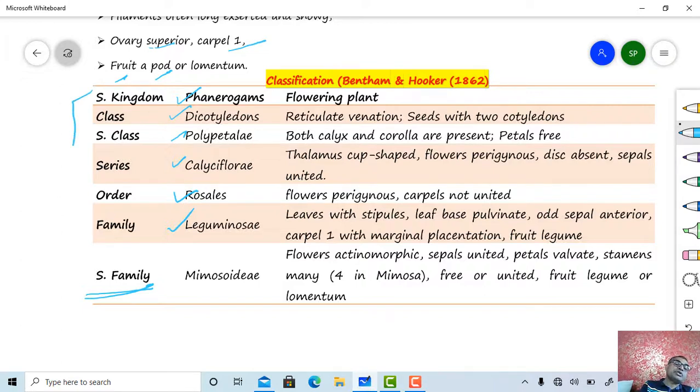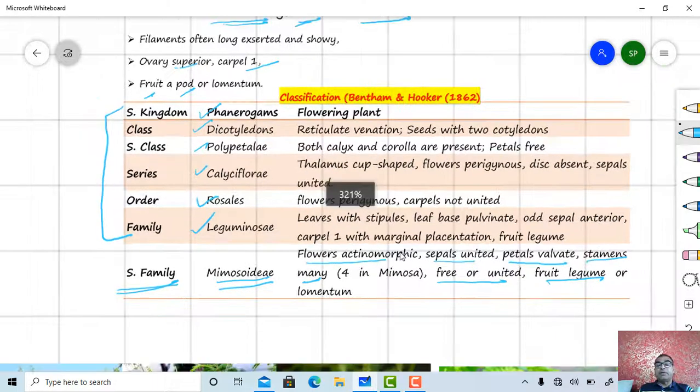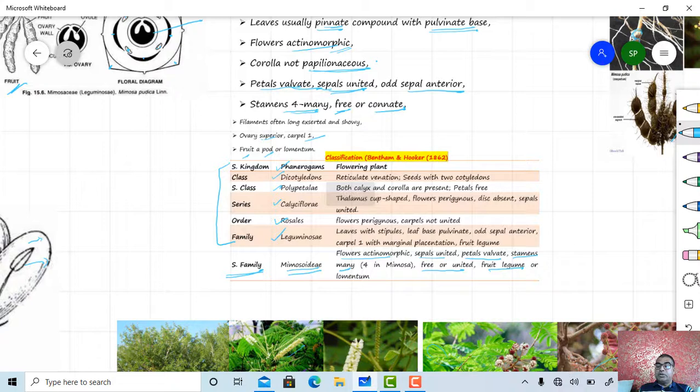All this classification you have observed in the family Papilionaceae. Now see the characters of Mimosoideae. Flowers actinomorphic, sepals united, petals induplicate valvate, stamens many, free or united, and fruit either legume or lomentum type. So this is about the family Mimosaceae.